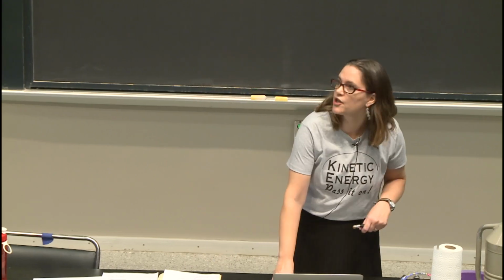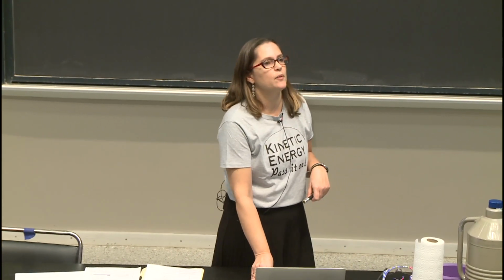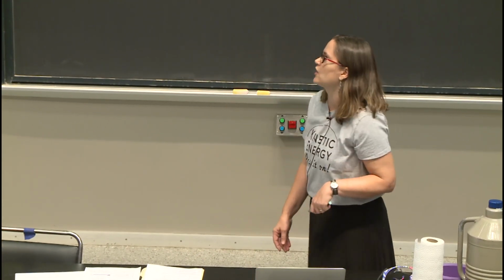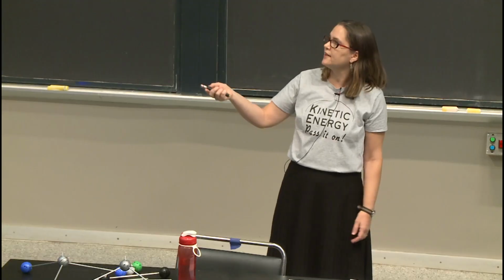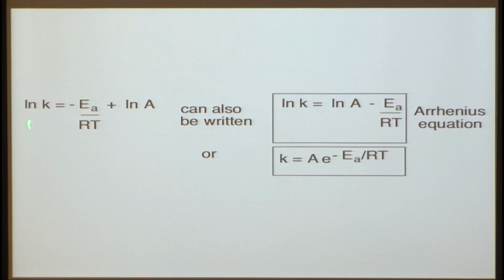All right. So let's look at some other ways that we can express the Arrhenius equation. We have the Arrhenius equation written as a straight line, and we can do something very simple to it, which is switch these two terms. That gives us what is officially known as the Arrhenius equation.